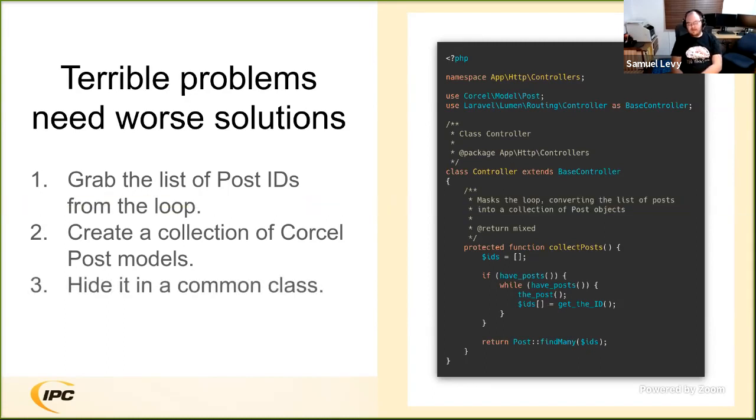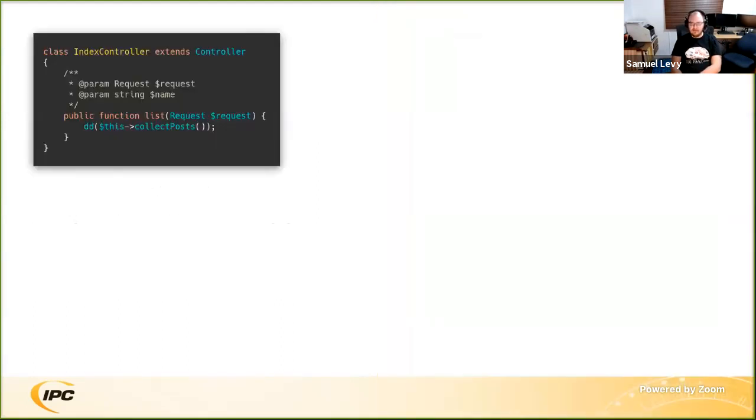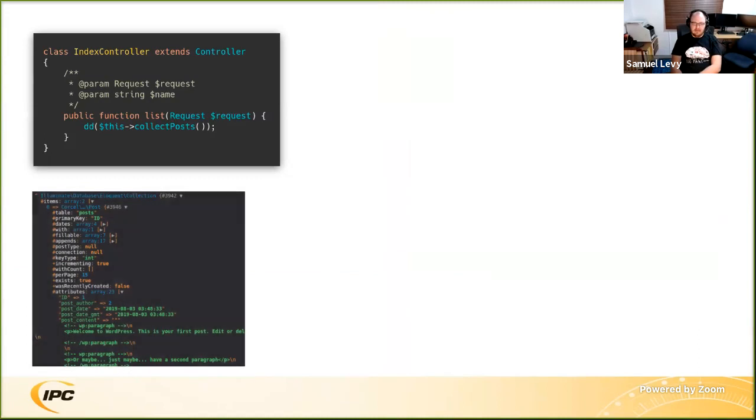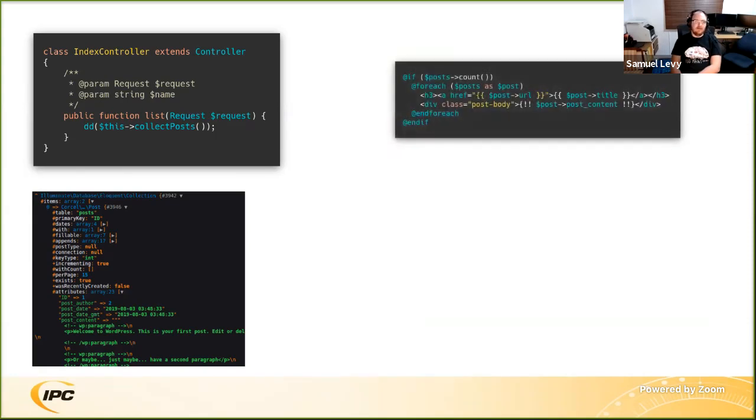And I can hide the whole thing in a common class. So in this case, I hid it in the base controller class, which all of the other controllers subclass off. So the index controller, as an example, we can DD this collect posts, and we can see we've got a full collection of posts with all of the post data associated. If we use Blade, we can see we can use posts count.